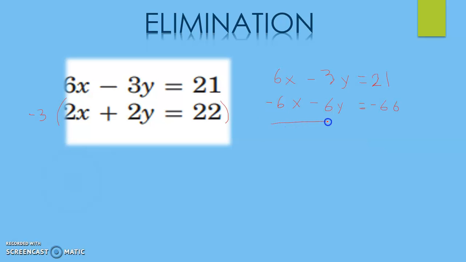Okay, now we see that the x's have the additive opposite, meaning one number is positive, one number is negative, with the same coefficient, same magnitude. So we will add them together, and 6 minus 6 is going to cancel out to 0. Negative 3y plus negative 6y will give you negative 9y. And positive 21 plus negative 66 is a negative 45.